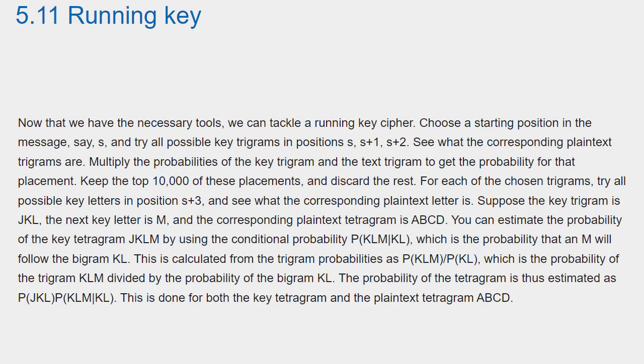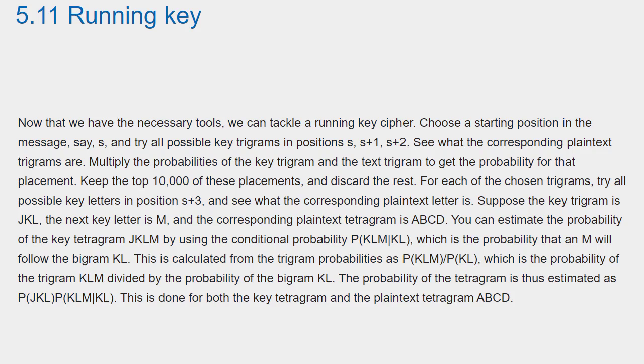Suppose the key trigram is JKL, the next key letter is M, and the corresponding plain text tetragram is ABCD. You can estimate the probability of the key tetragram JKLM by using the conditional probability P(M | K and L), which is the probability that an M will follow the bigram KL.